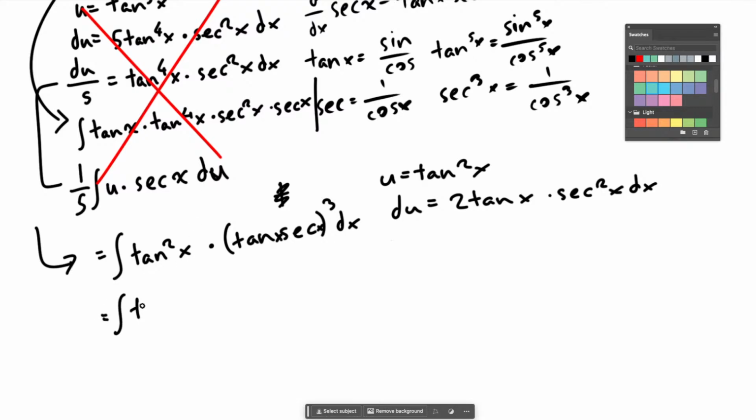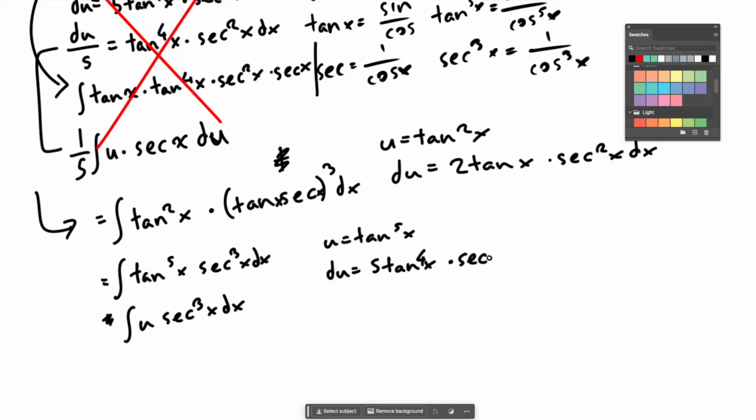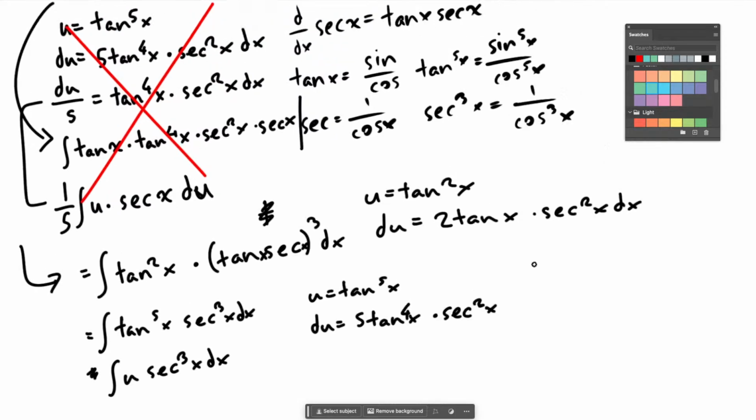Okay, wait, we just go back to tan. We make this equal, this doesn't work.